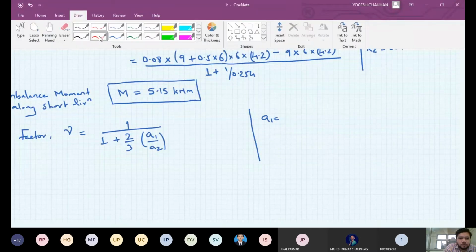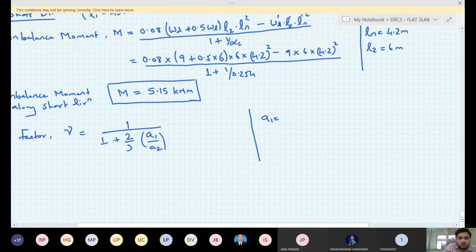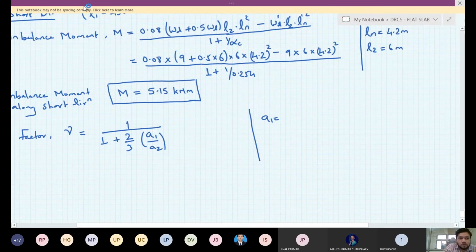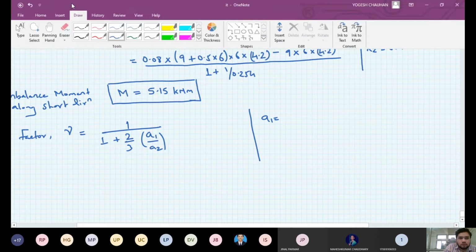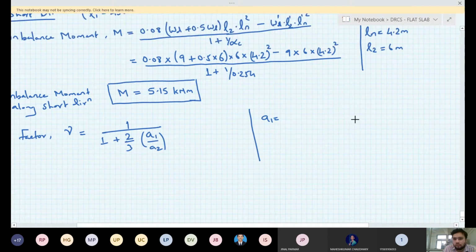So this is the column, and this time we are finding along the short direction.